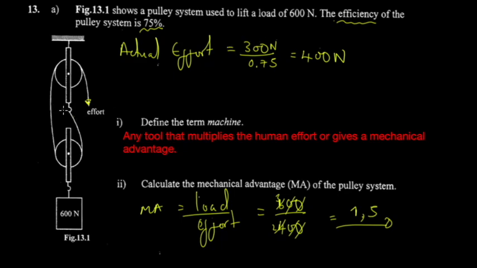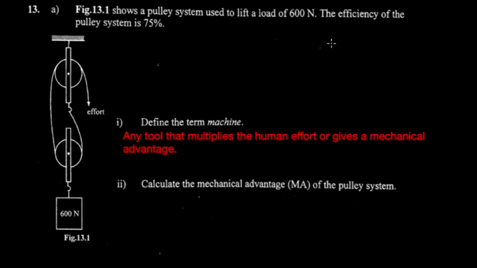We said that this would be 300 normally, for the desirable output at 100% efficiency. But then this is only 0.75, which is 75% here. So the actual effort is 400 Newtons, and you have the load, which is 600. So the mechanical advantage is 1.5. Let's move over to the next part.